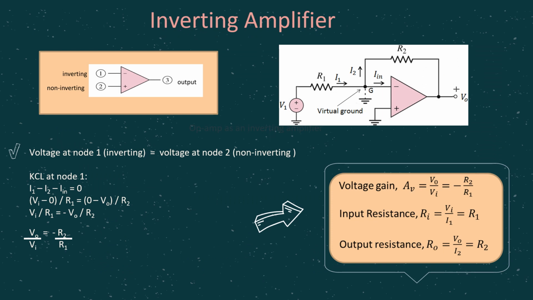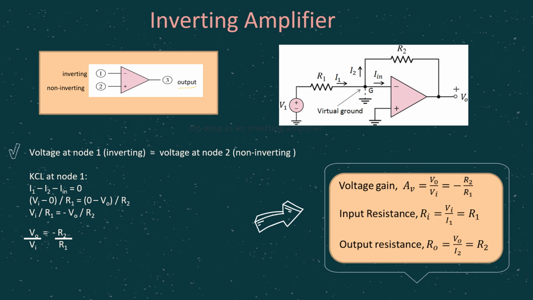Now we come to the first circuit, which is the inverting OPAMP. As you can see here, remember the OPAMP symbol where it has the two input terminals, inverting and non-inverting, and the third terminal is the output terminal.